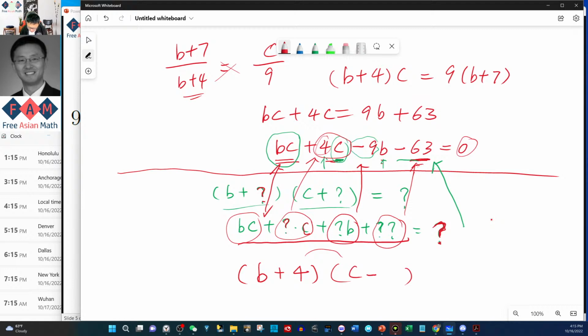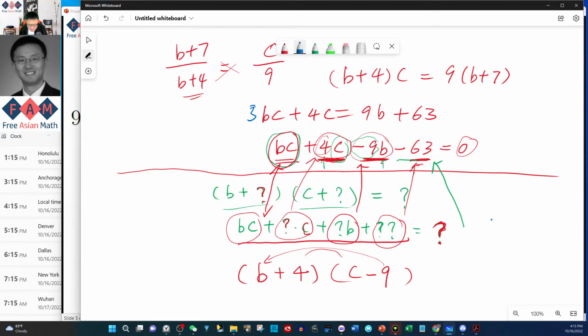Similarly, for the c term, this must be subtracting 9, because this way, subtracting 9 times b, you will get subtracting 9b, or plus negative 9b, in the original one. So we immediately get this from the coefficients of the c term and the b term, assuming bc has no coefficient. If bc does have a coefficient in the original equation, let's just say it is 3bc, then we have to do a little bit extra.